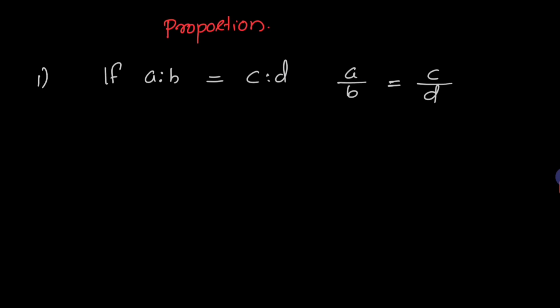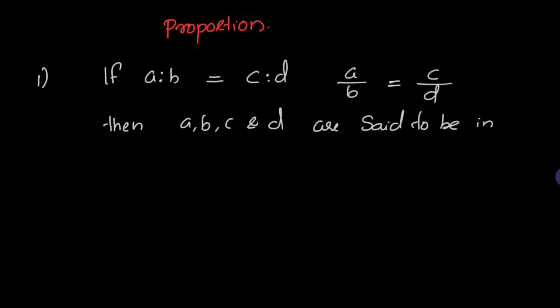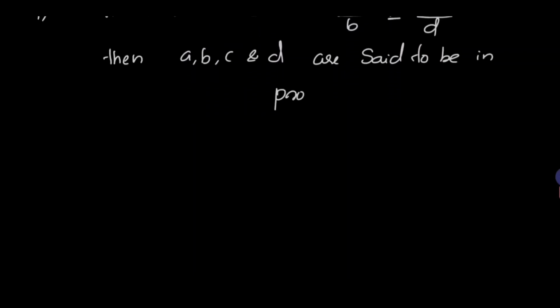If this condition is satisfied, then A, B, C, D are said to be in proportion. Here A, B, C, D are the first, second, third and fourth terms.